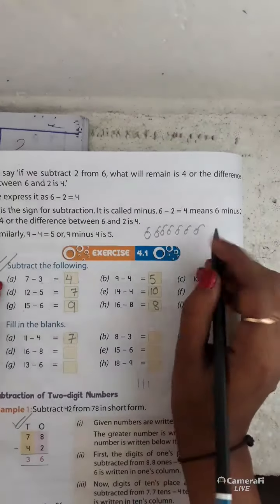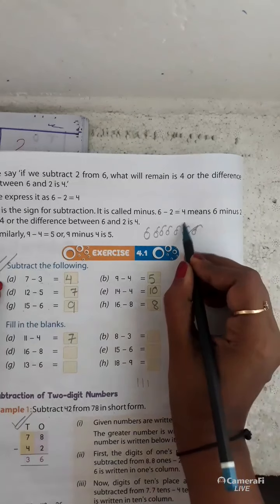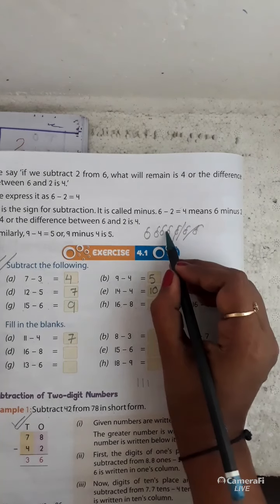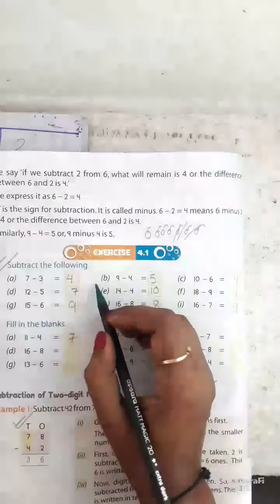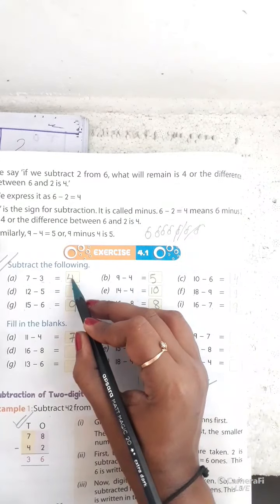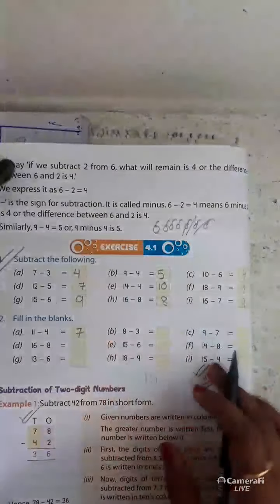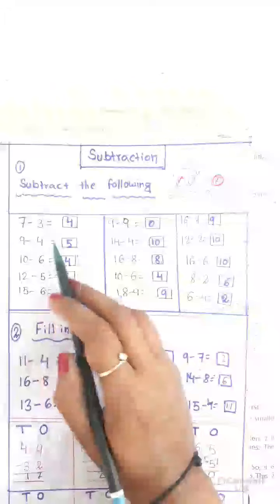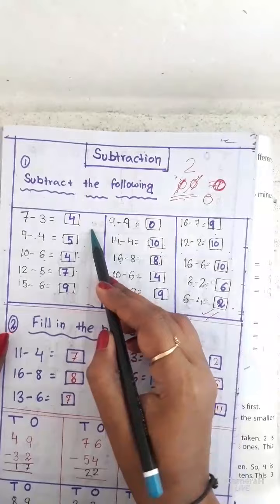Now minus 3 means we have to cut 3. 1, 2 and 3. How many are left with me? 1, 2, 3, 4. See? It's 4 only. I have done the same way in my copy also, and we have done it so many times in our online classes. So 7 minus 3 is 4.